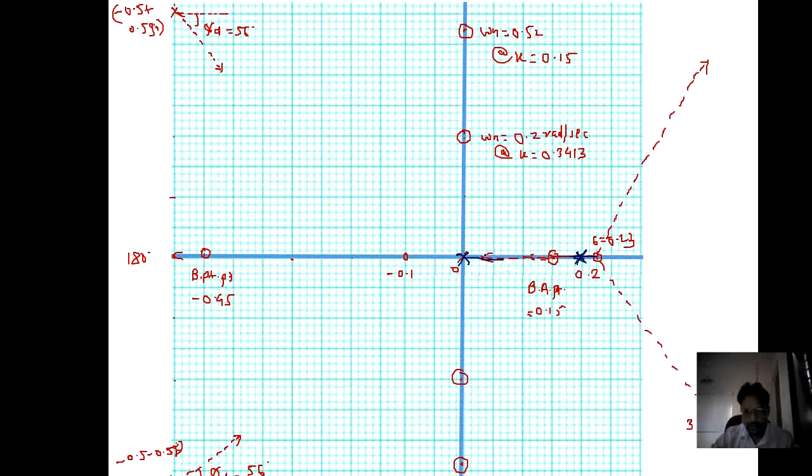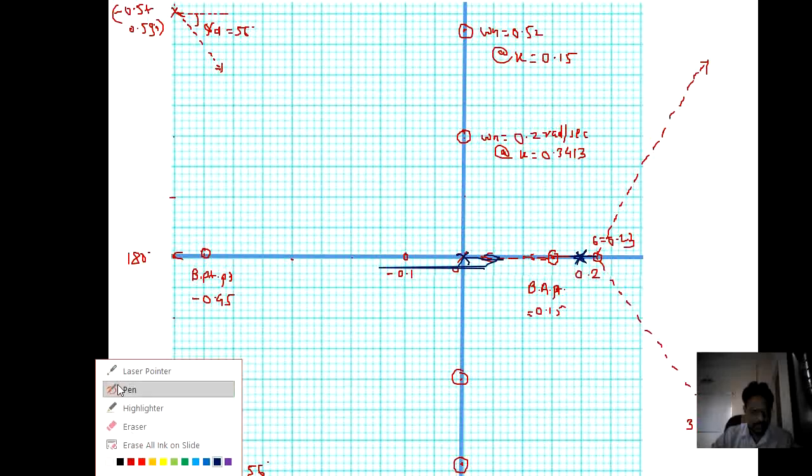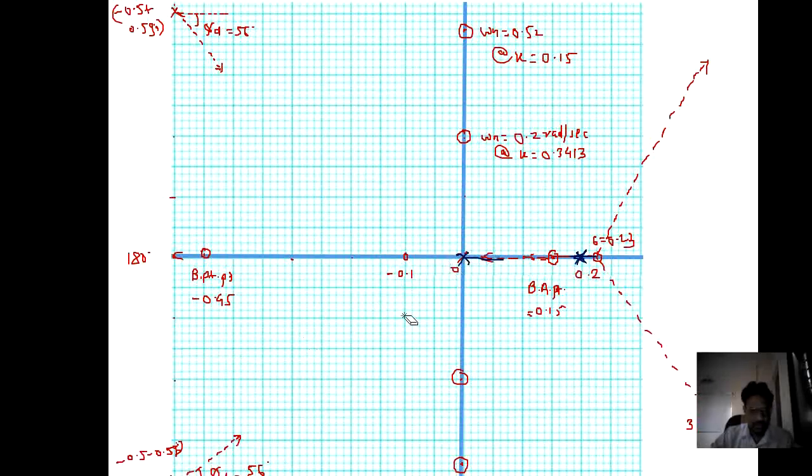One root locus will be drawn in this direction and another in this direction. They will intersect at the breakaway point and split like this.